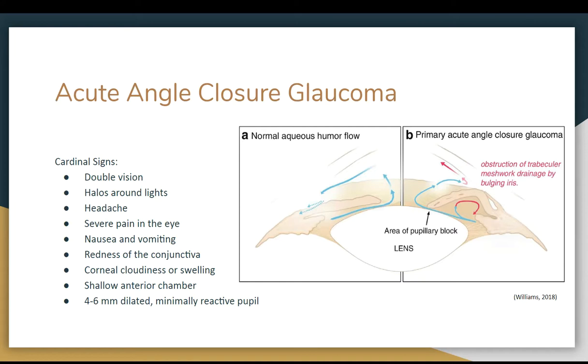Acute glaucoma is marked by the absence of discharge in a red eye with significant pain, a reduced visual acuity, and slight photophobia. The pupils will be either normal sized or slightly dilated. And you can see here how that blockage occurs in the trabecular meshwork, and it results in increased ocular pressure.